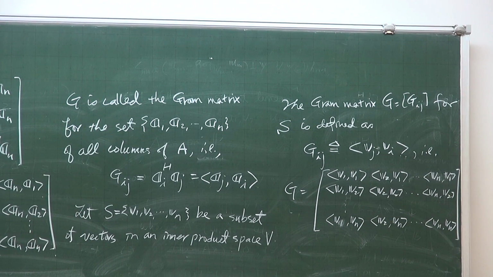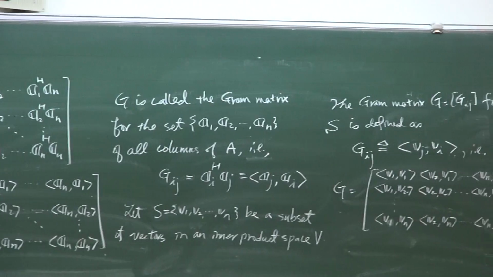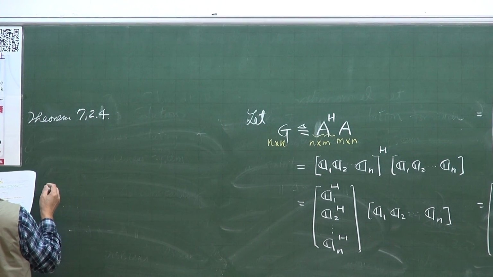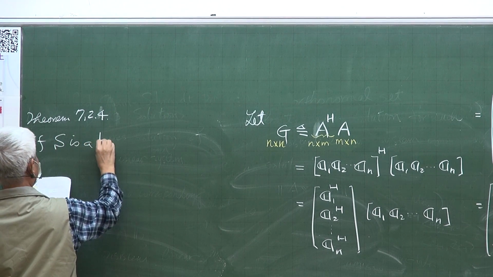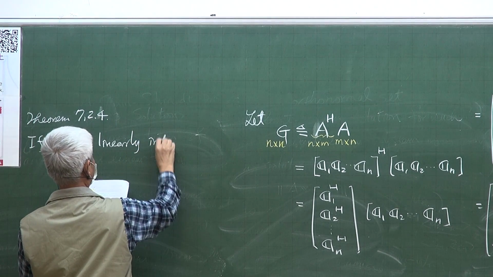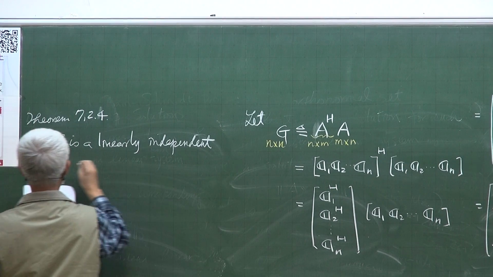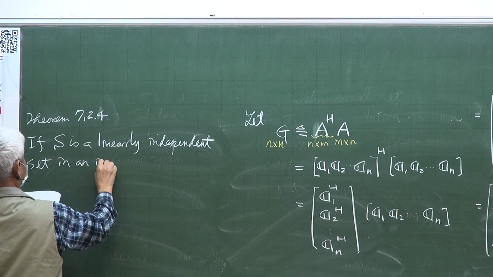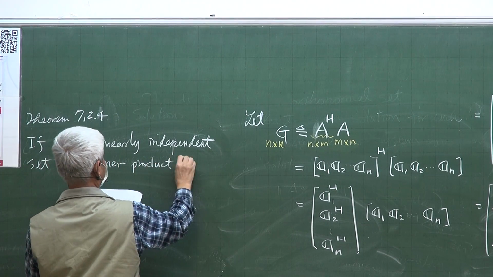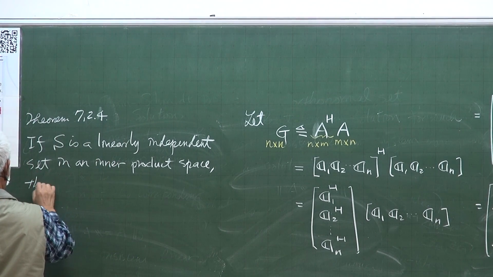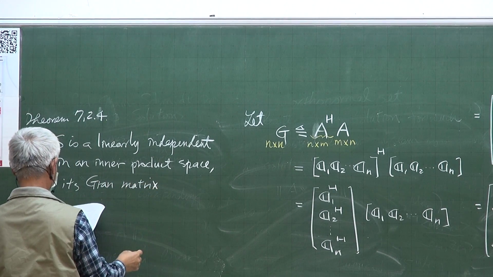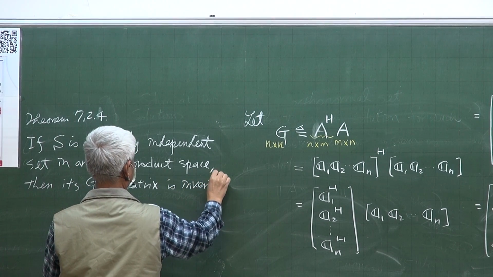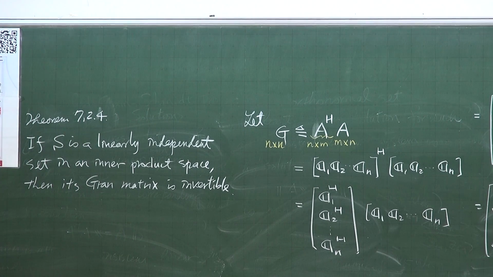And so we have a final theorem. If S is a linearly independent set in an inner product space, then its Gram matrix is invertible. So if S is linearly independent, then the Gram matrix is invertible.